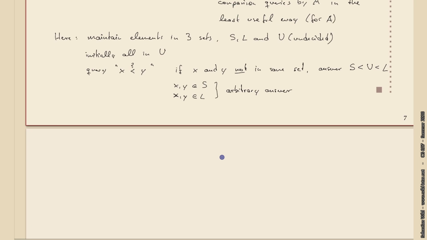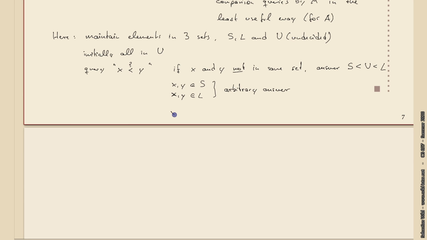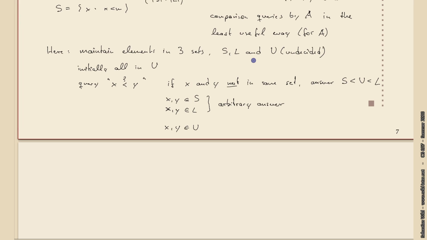And the last option that still is possible is that they're both in U. Okay. In this case, we say arbitrarily that one is smaller, one is larger. And now we put x in the small set and y into the large set.